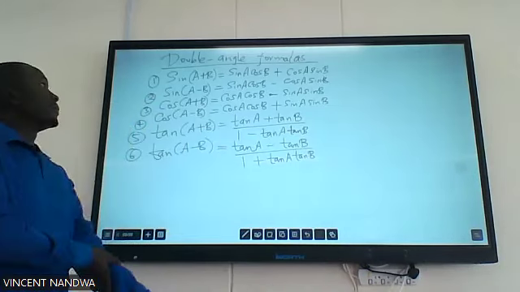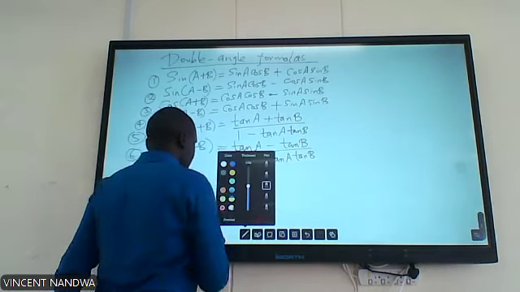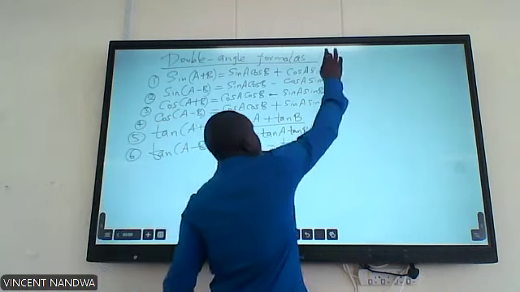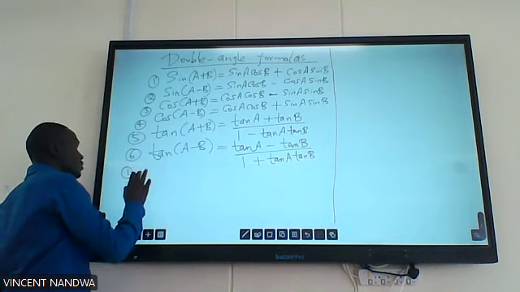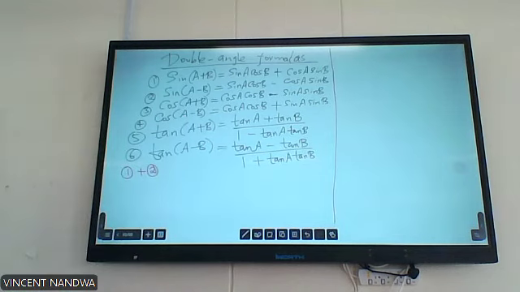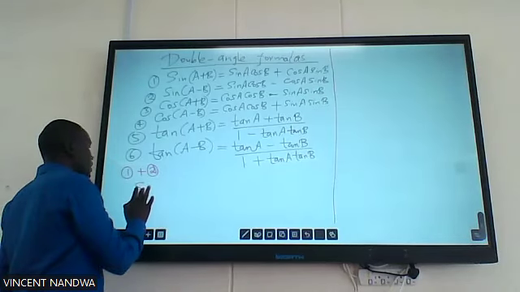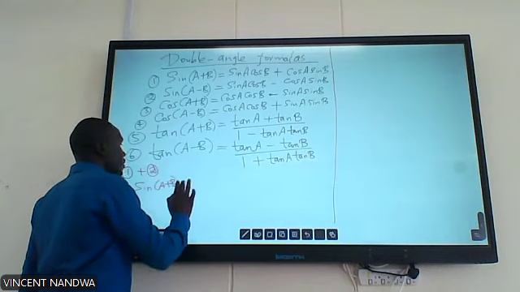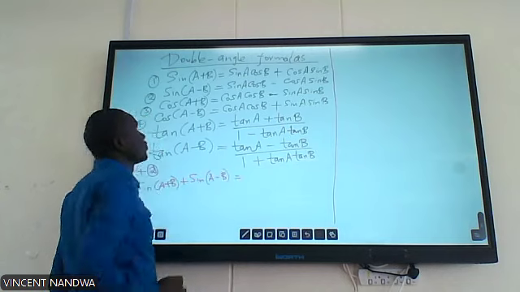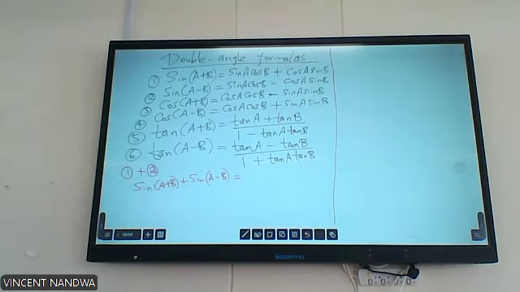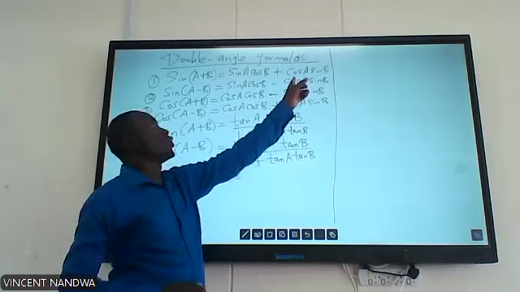Okay, good. So now, having known these base formulas, I want us to say if we were to add formula 1 plus 2, I have sine of A plus B plus sine of A minus B. This gives us, because these two are the same, the plus minus cancels out.